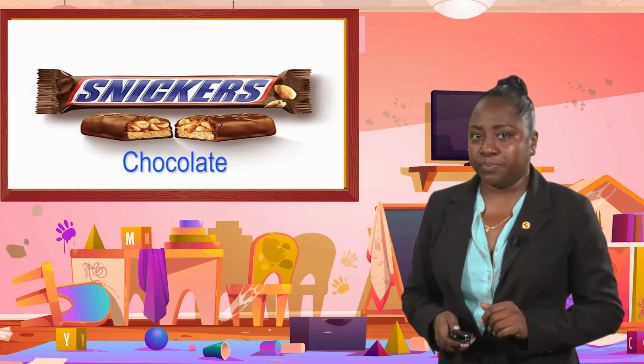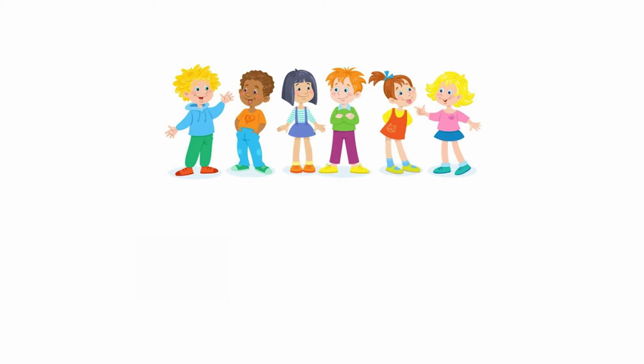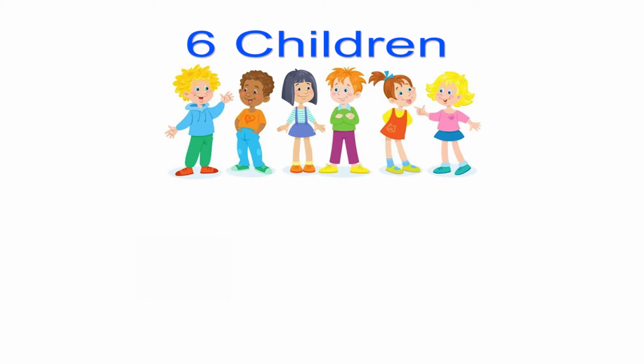Let's look at a group of children. Now can I divide this group in half? Let's count how many children we have on the screen. 1, 2, 3, 4, 5, 6. So we have 6 children on the screen. Now, how do I divide this in half?